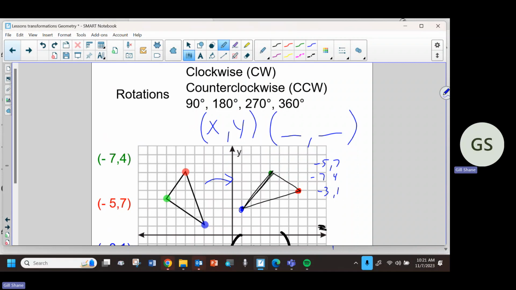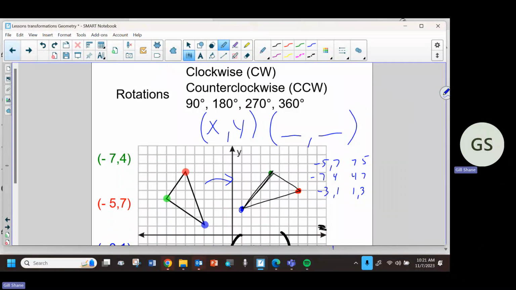So now we have 1, 3. And write it next to the ordered pairs that it matches with. Well, that's 4, 7, so that one. And what is that? 7, 5. So now you just figure out what happened.